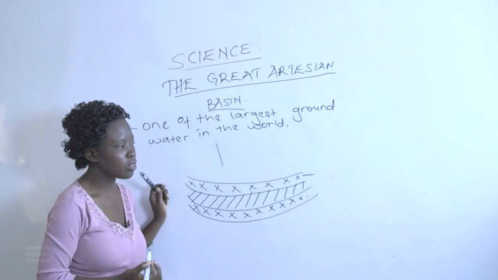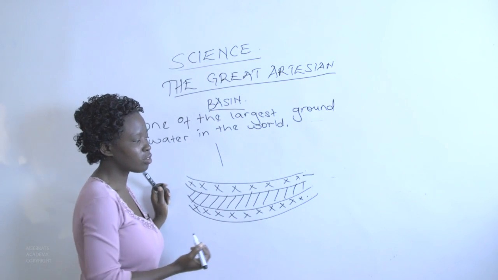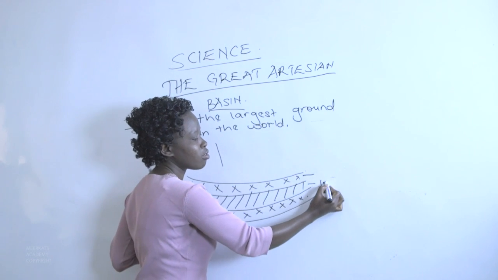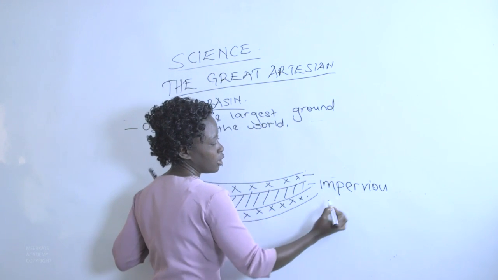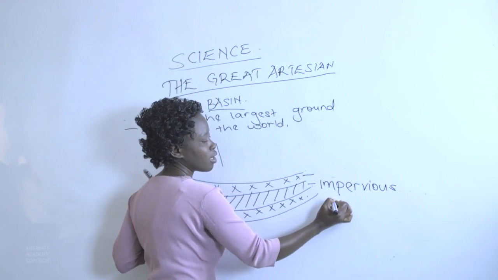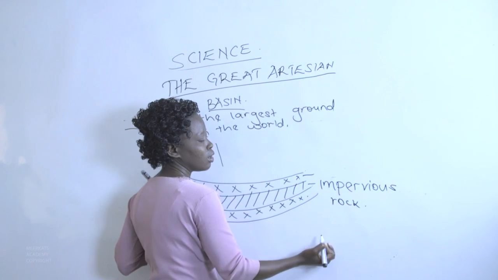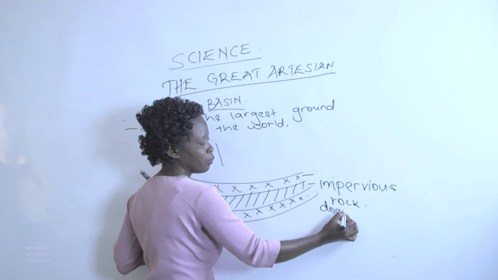Pervious rock is the rock that will allow water to pass, to seep through it. Impervious rock does not allow water to seep through it.